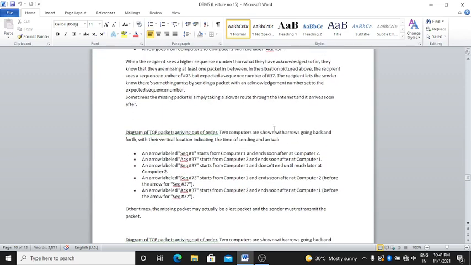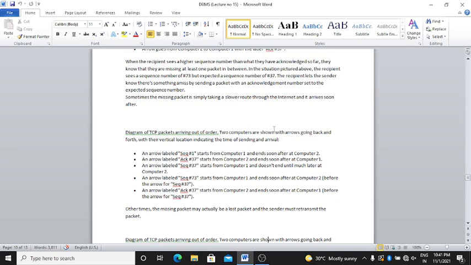Diagram of TCP packets arriving out of order. Two computers are shown. An arrow labeled sequence 1 starts from computer 1 and ends soon after at computer 2. An arrow labeled acknowledgement 37 starts from computer 2 and ends soon after at computer 1. An arrow labeled sequence 37 starts from computer 1 and does not end until much later at computer 2.